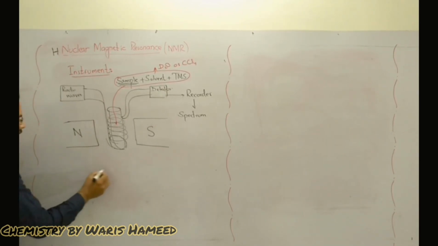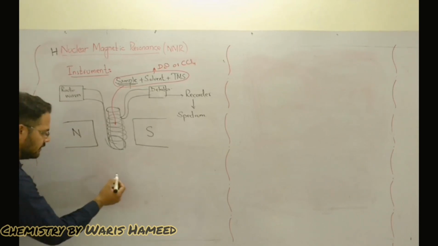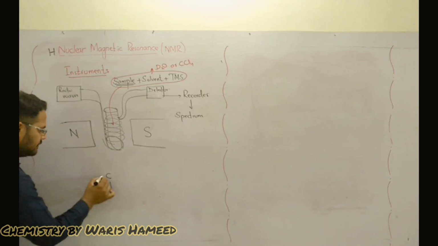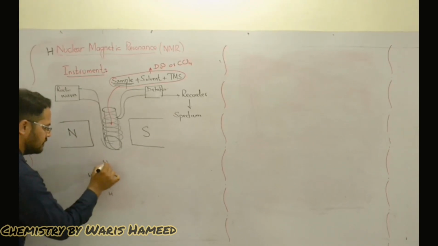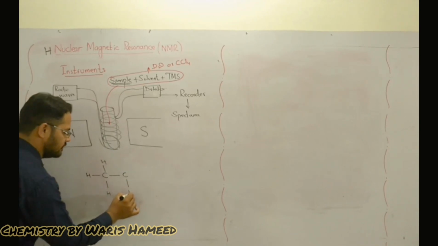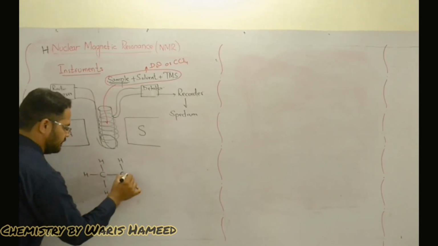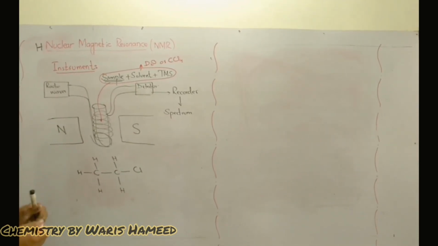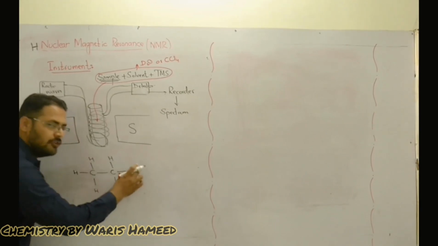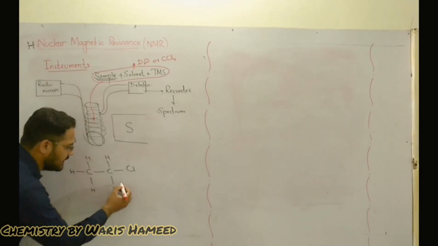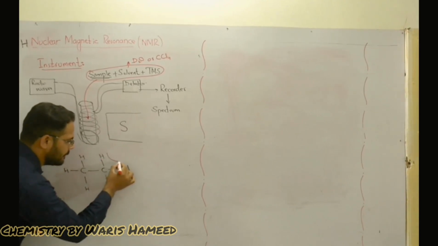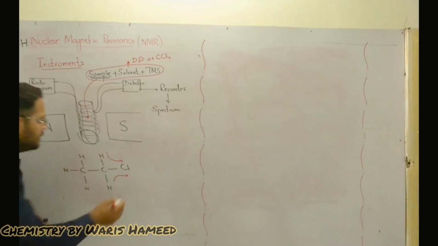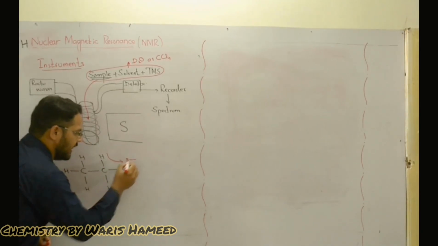If we have an organic molecule like CH3, CH2 and Cl, chloroethane, in this case chlorine is an electronegative atom, so it attracts electron density toward itself, and this carbon becomes partial positive, this chlorine becomes partial negative.